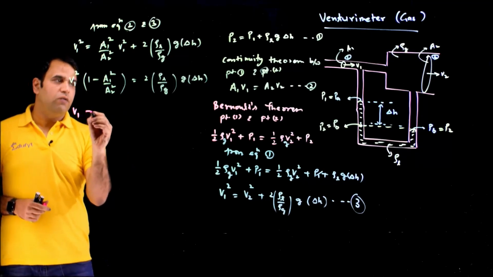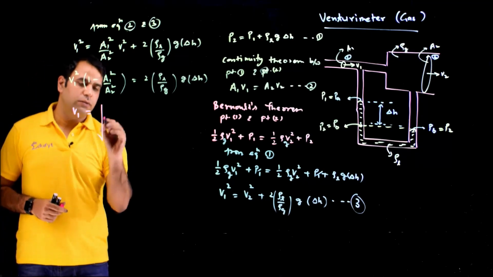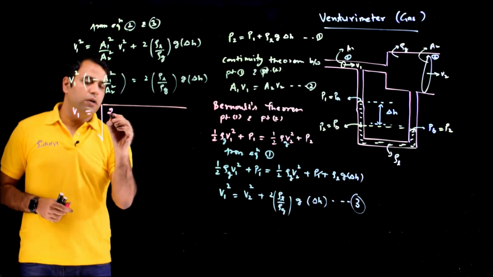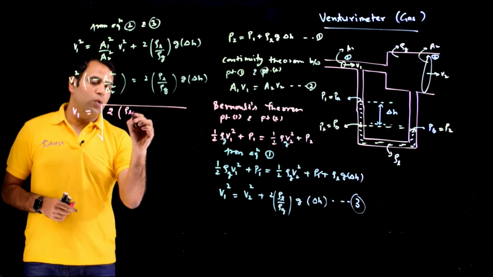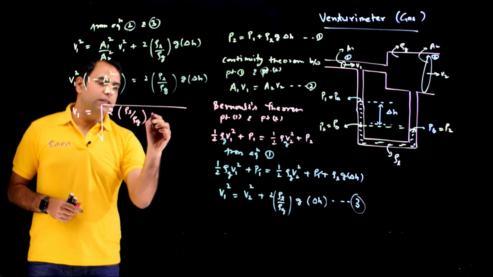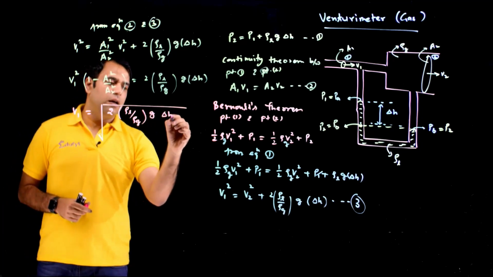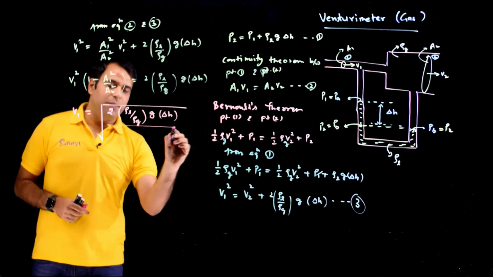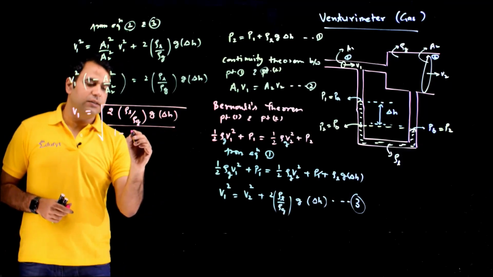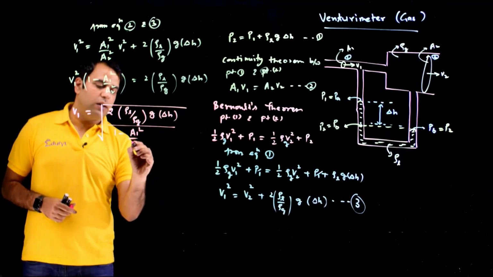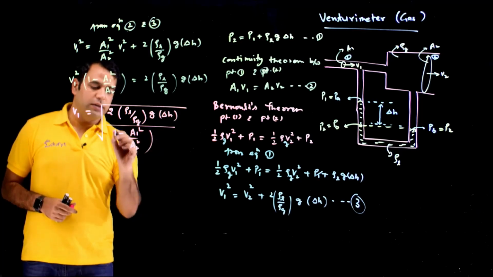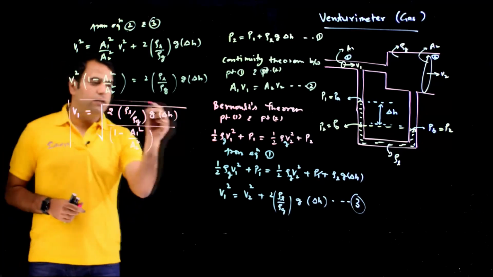So V1 will be equal to under root of 2 rho L upon rho g delta H divided by 1 minus A1 square upon A2 square. That is the value of V1.